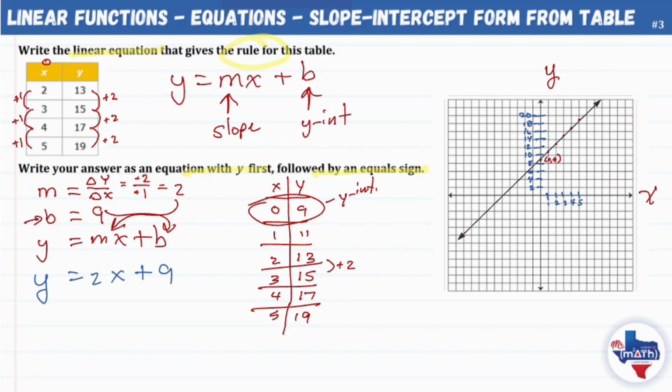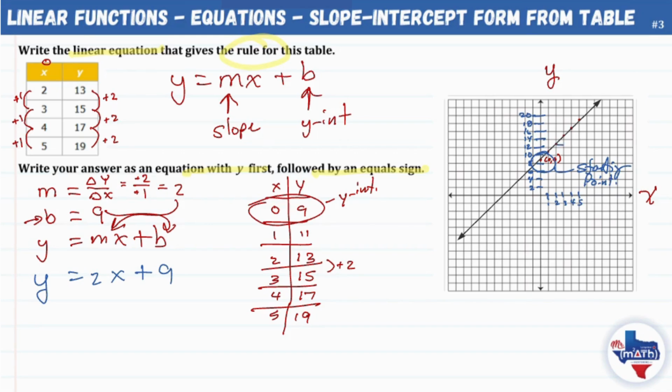Okay. All right. So what's happening here? Looks like we're starting out when x is 0, y is 9 here at the y-axis. So this is our starting point. So when x is 0, y is 9.